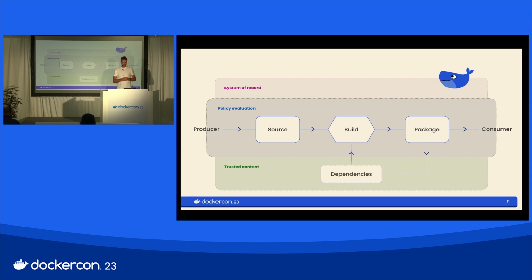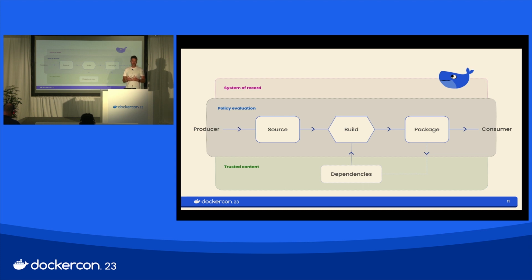This is a little sandwich diagram of the three things that make Scout Scout. So we have trusted content at the bottom, and if you're a Docker user, you've probably used the Docker official image, and that's part of what we call trusted content. We have three trusted content programs: Docker official images, Docker verified publishers, and Docker sponsored open source.